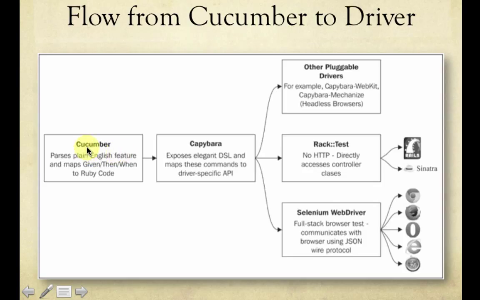So we have the test running, which uses Capybara, and in our case, we normally use the Selenium WebDriver. And we also sometimes use Phantom.js, which is a headless browser. And these tools on the right are the ones that actually drive the site. And we don't use the middle one. That is only if you're doing Ruby on Rails or Sinatra.